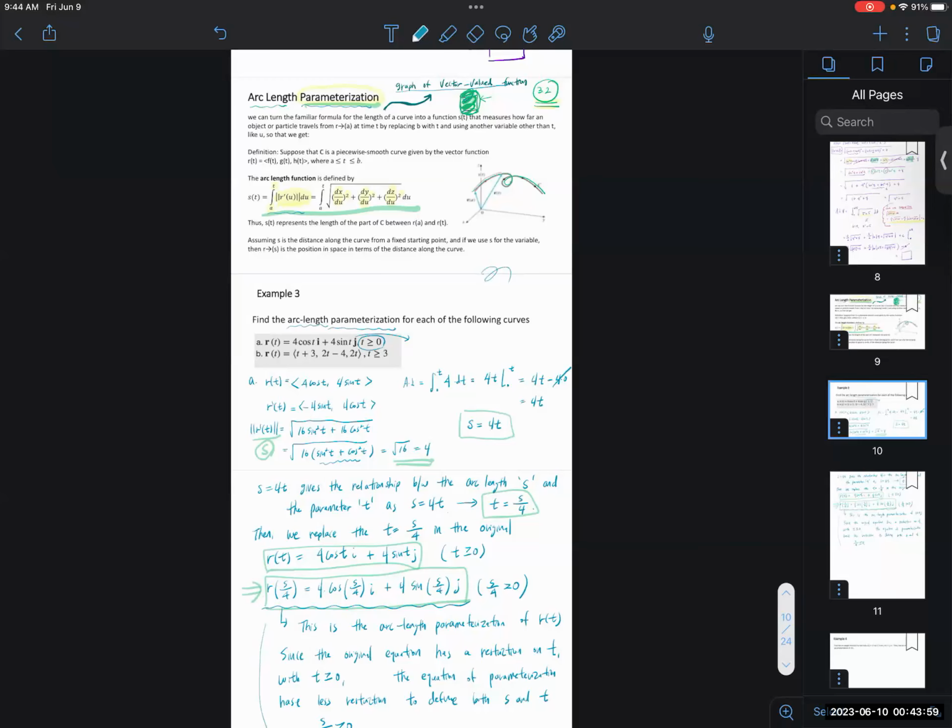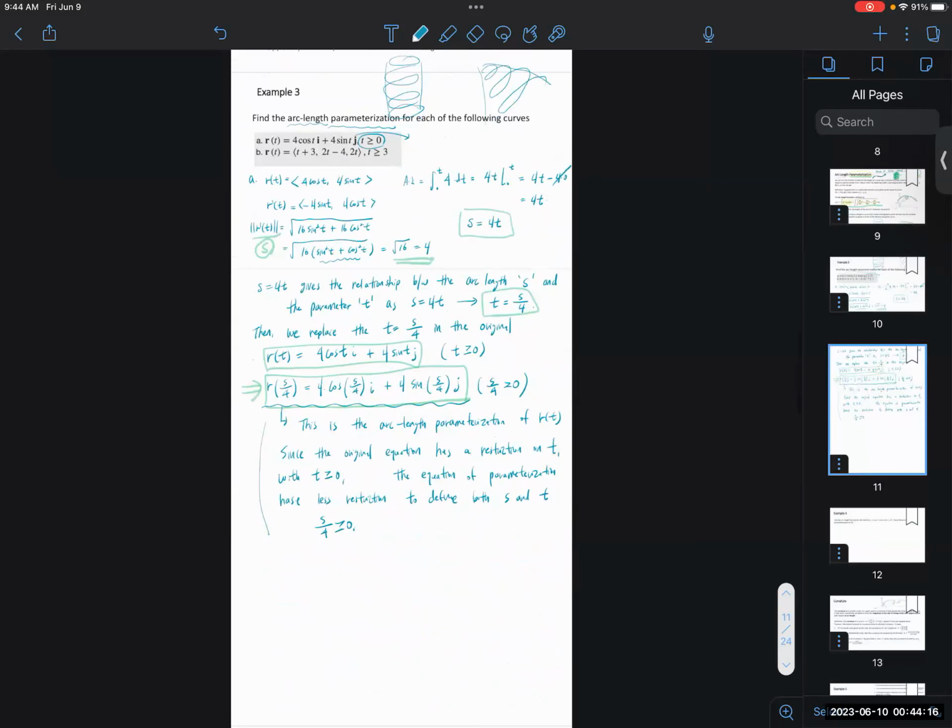If you are drawing the vector, they're creating the cone, or sometimes the cylinder, right? So I want to distinguish between the regular vector function and parameterization. Parameterization is going to be in terms of s, which is the arc length, and the regular function is in terms of t. So you can think about the difference. So that's what they mean.